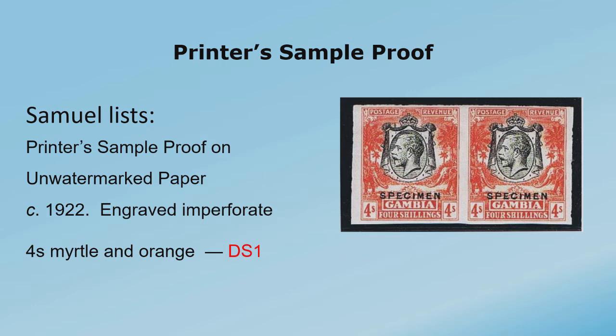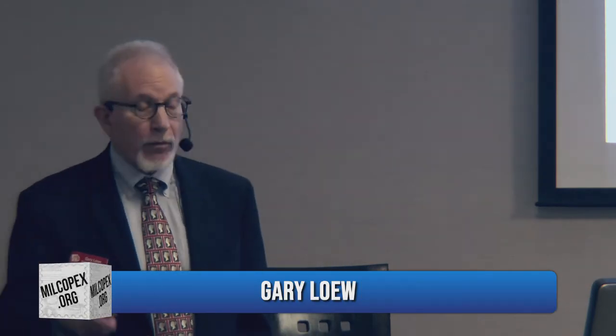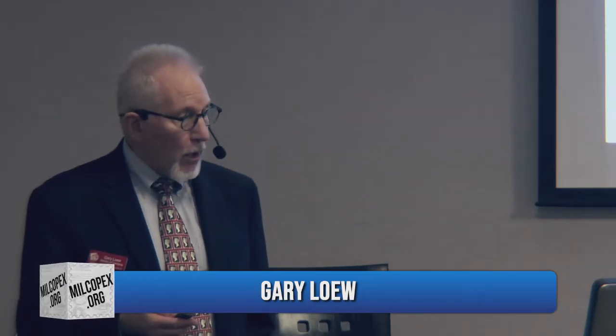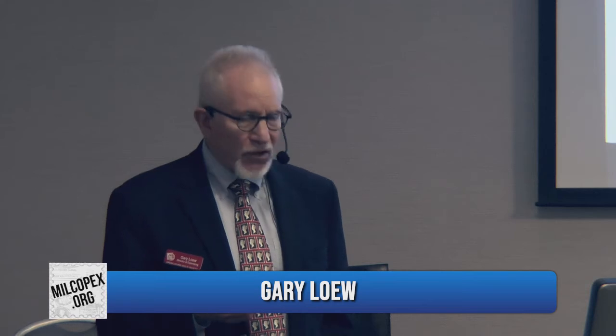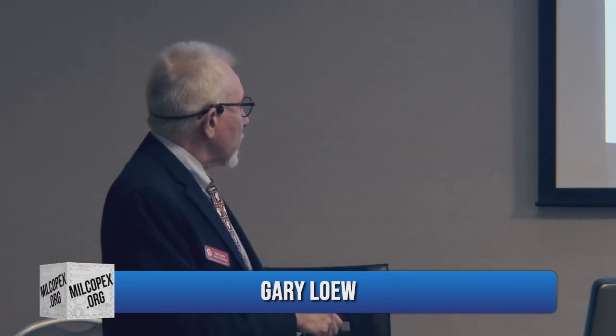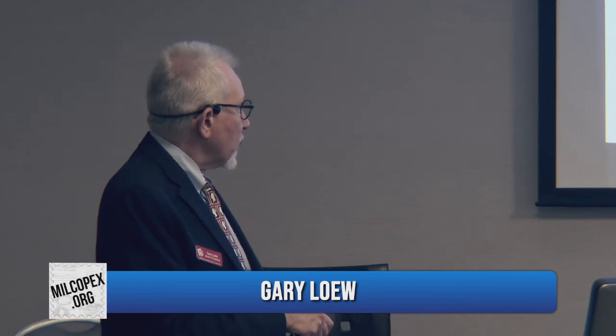The printers had a variety of both overprints and perforations that they used, depending on the circumstance, or sometimes depending on whim, as far as I can determine. But there were a wide variety of different specimen formats that were used, and Samuel designated this as DS1.